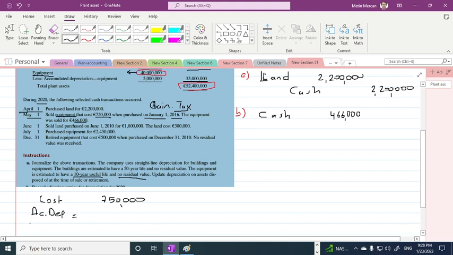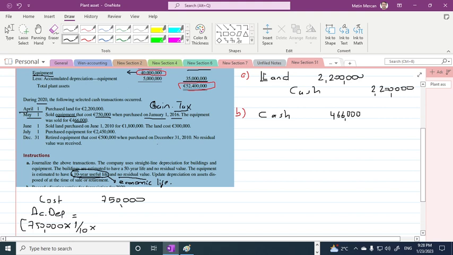How can you find this accumulated depreciation? €750,000. We don't have residual value and 1/10 because it is a 10-year life, because it says it will be depreciated over 10 years, useful life or economic life. This is also called economic life. 10 years.